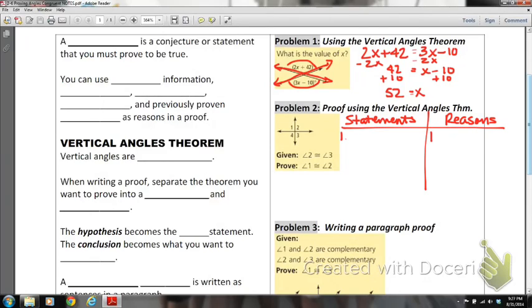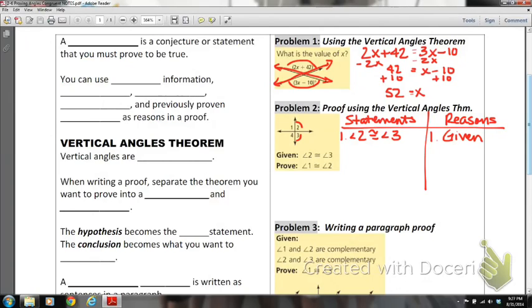So our first statement and first reason, we'll start with the given information. So the given information, they tell us that angle 2 is congruent to angle 3. And our reason for that, we can just state that's given information in the problem.